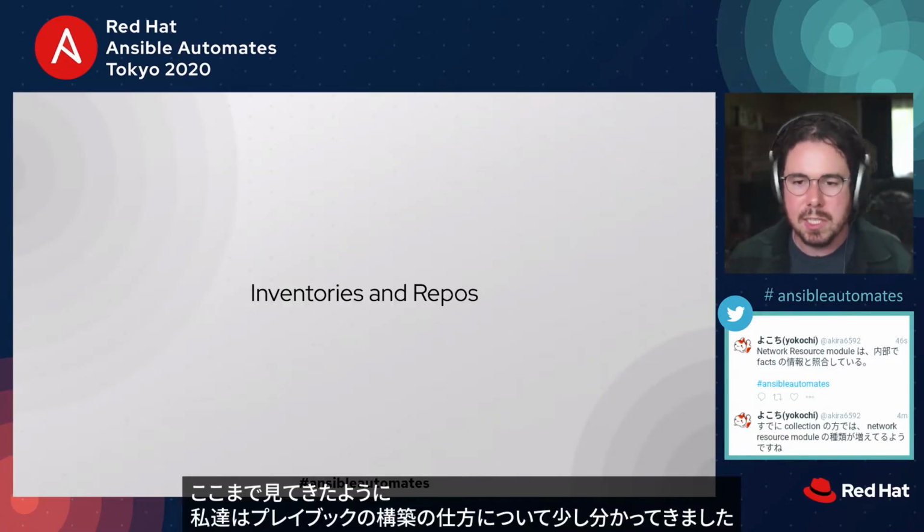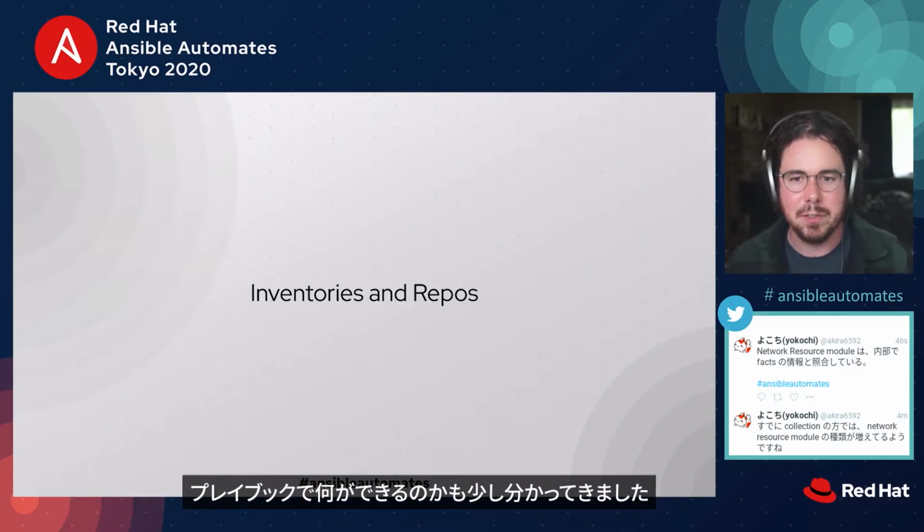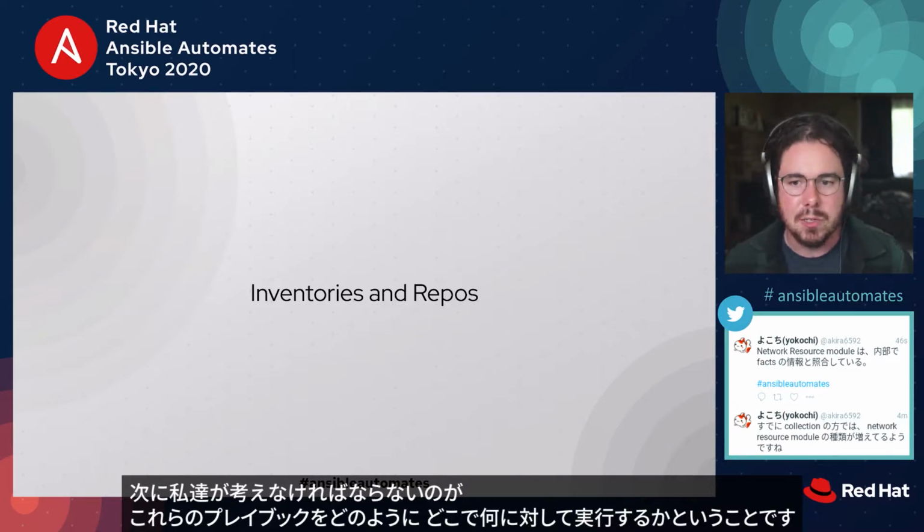So now we have a bit of an idea how to build some playbooks, and we have a bit of an idea of what we can do with some of these playbooks. The next thing we need to think about is how, where, and what we are running these playbooks against.